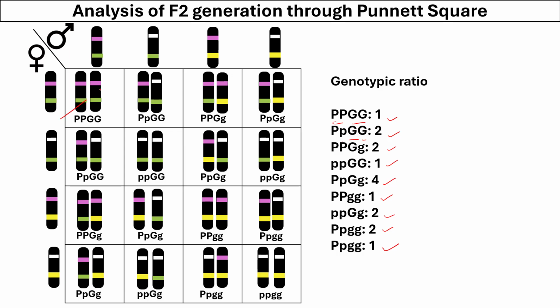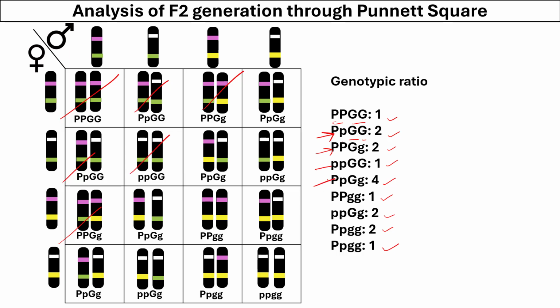So both capital P's and both capital G's, 1. This one is 1 and 2. This one is 1 and 2. So if you go diagonally, it's easier to count. This one is 1.